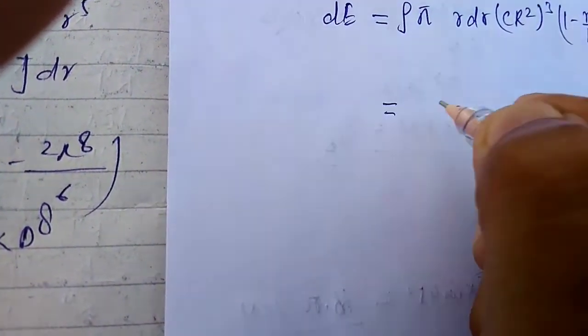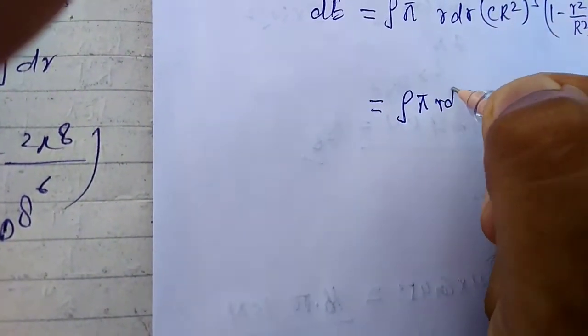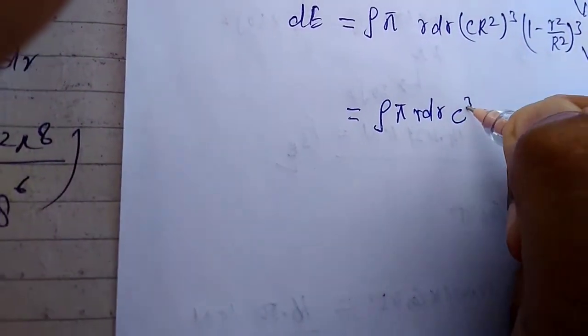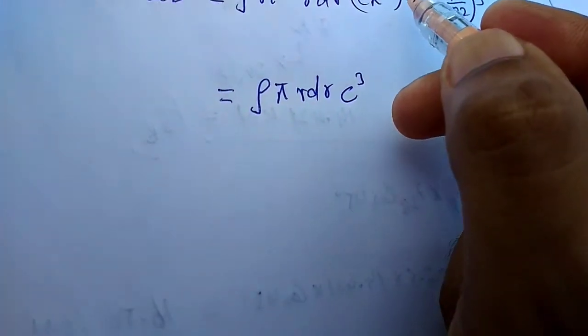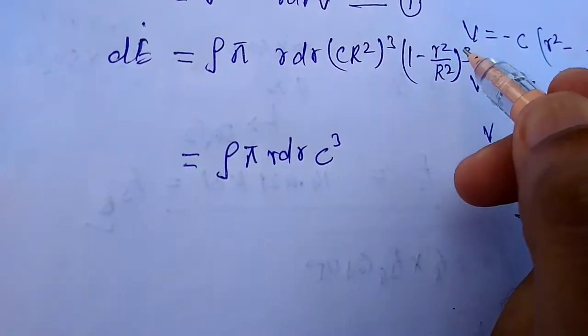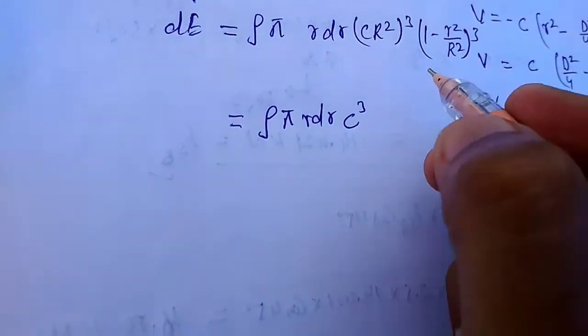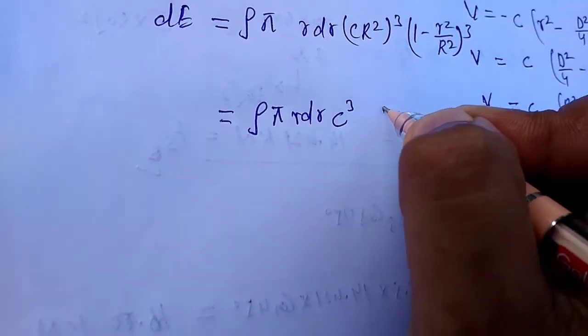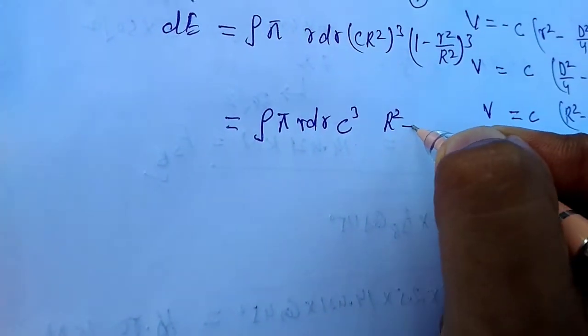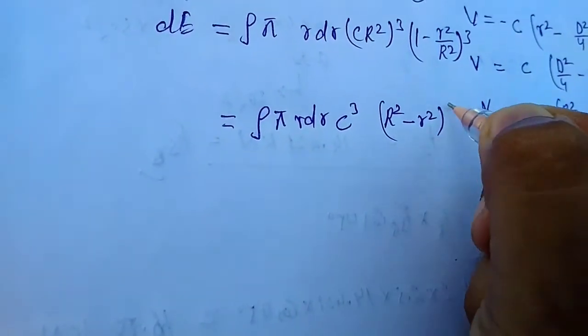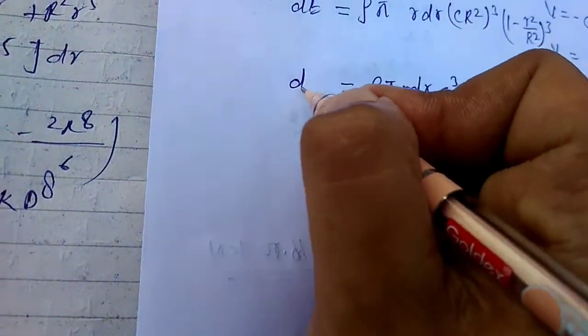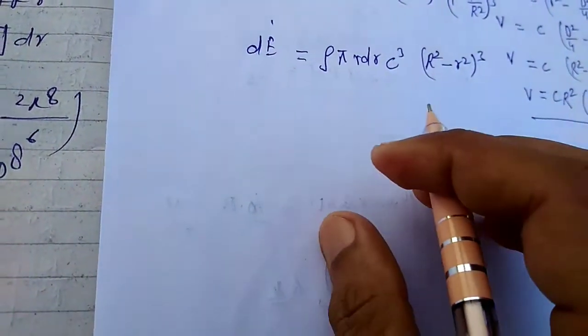Or you can say rho pi r dr c cube, and this will be R to the power 6 times (R² minus r²) cube divided by R to the power 6. So R to the power 6 will cancel out, so the remaining equation will be R² minus r² cube. So this is the dE dot.